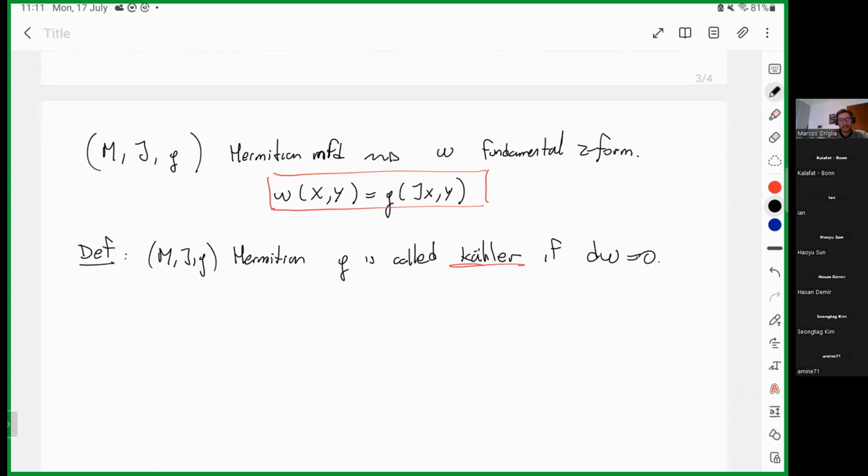Is there any question? If you have a question, please interrupt me. Okay, so this is what a Kähler metric is, and in this situation, we will call (M, J, G) just a Kähler manifold.